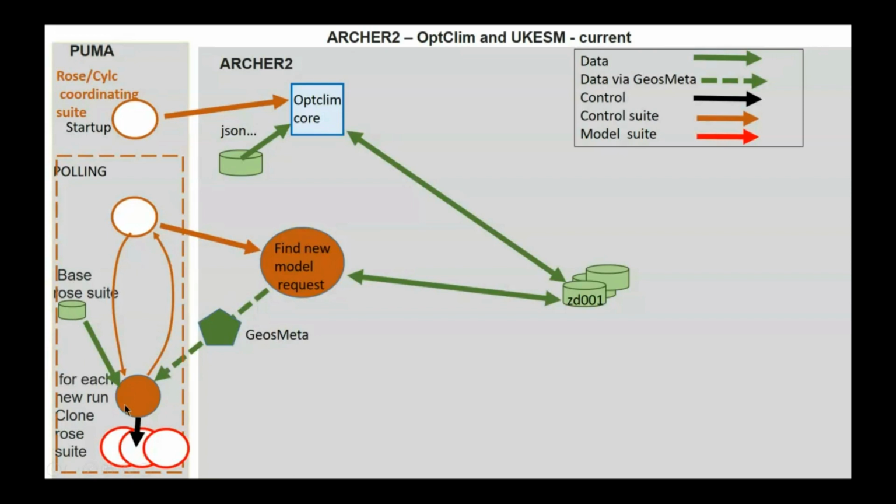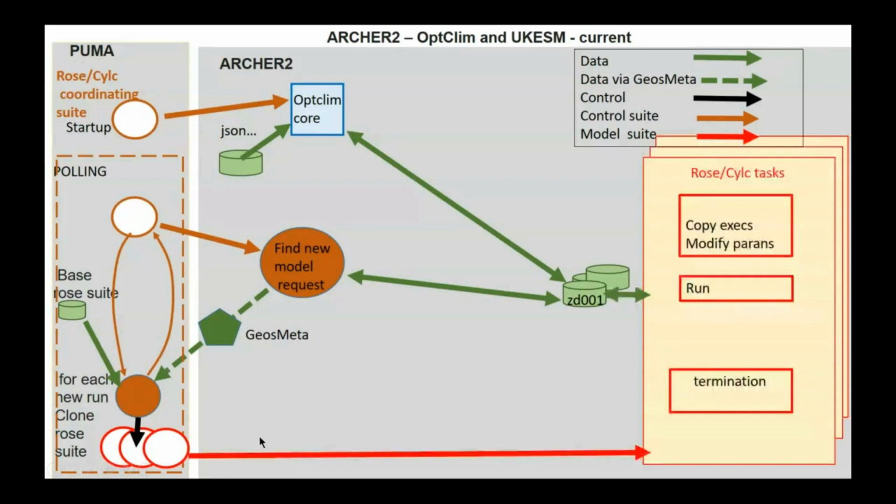But so when a new suite is needed, the base suite gets copied, and then the Rose suite for the model executes. And that base suite includes tasks that run before the model is executed to copy pre-existing executables so that we don't have to do the build every time, and then to make modifications to parameters.